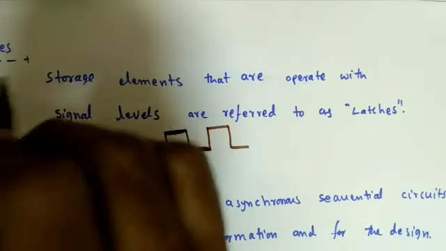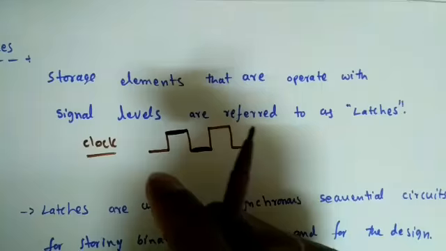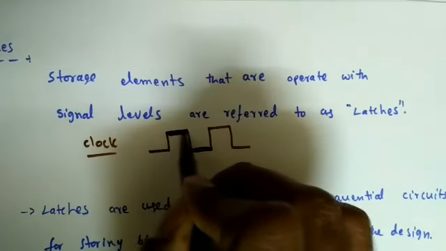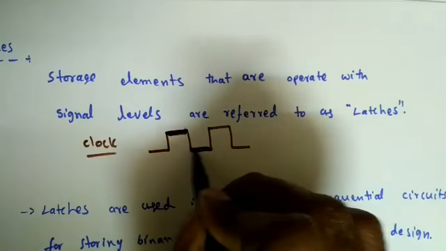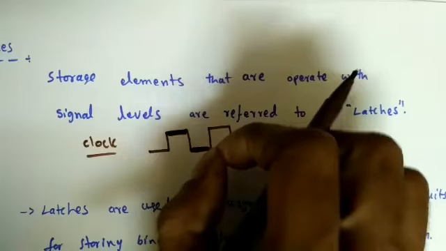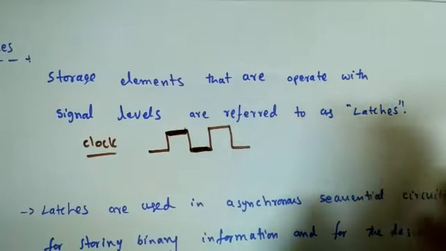If a storage element is operating with these signal levels, whenever the high level comes it performs the operation, and whenever the low level comes it does not perform any operation. These types of storage elements are called latches.